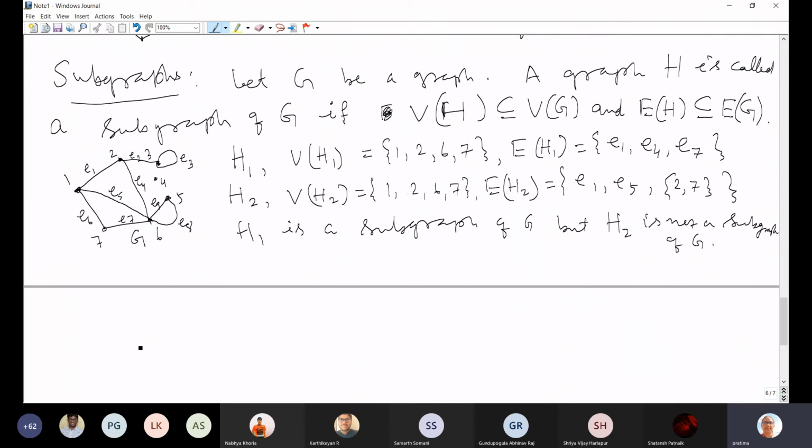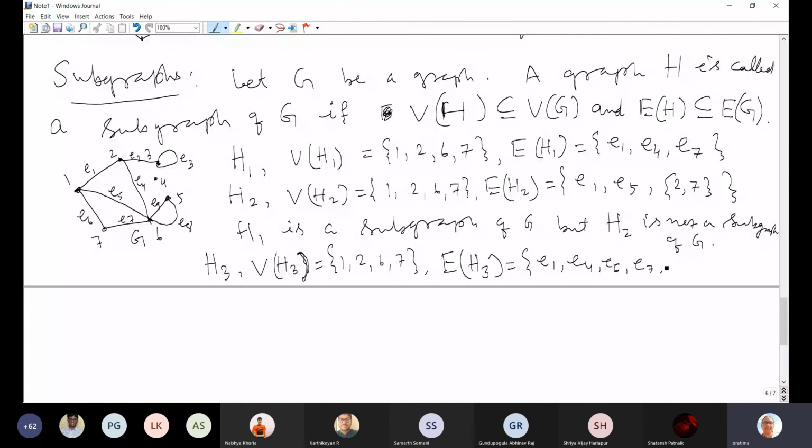Well, let me take another subgraph H3, with the same vertices 1, 2, 6, 7, and the edge set of H3 I will take E1, E4, E5, E6, E7.